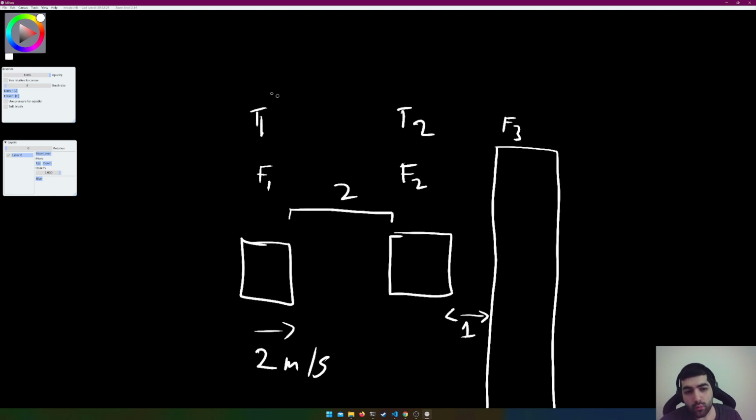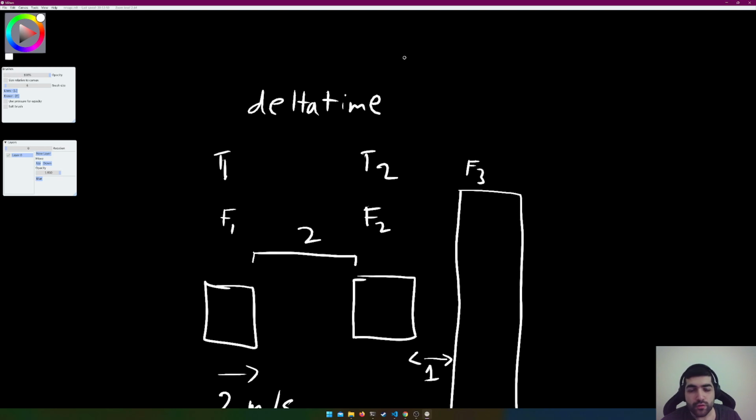So when this started and when this ended, we can get something called the delta time, or just dt for short, equal to T2 minus T1. That's all we do. Delta time is the time it took the engine to process one frame.